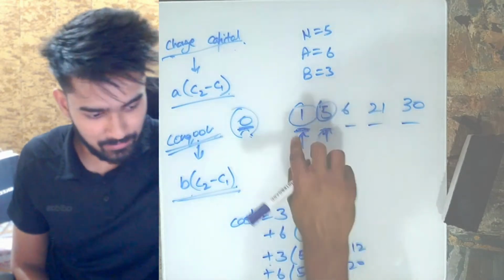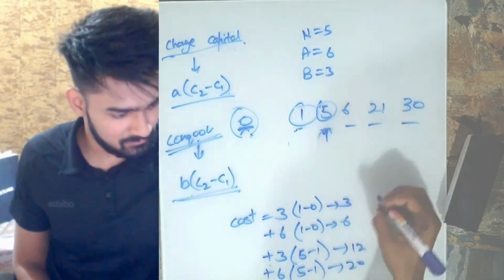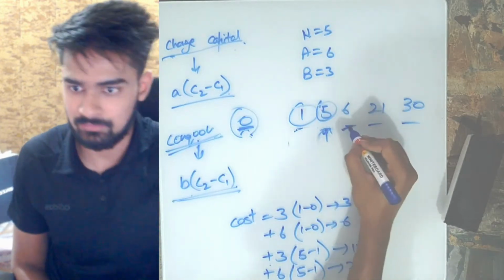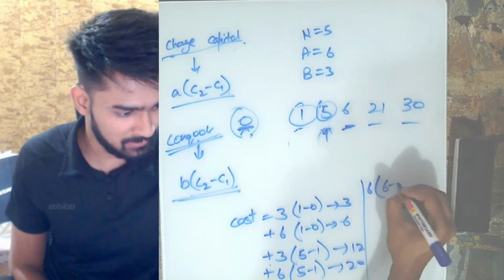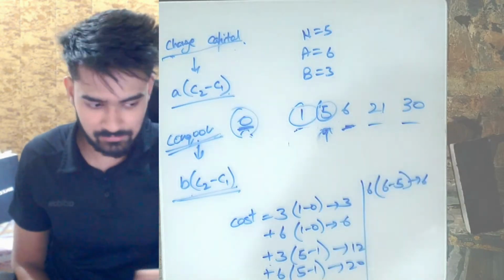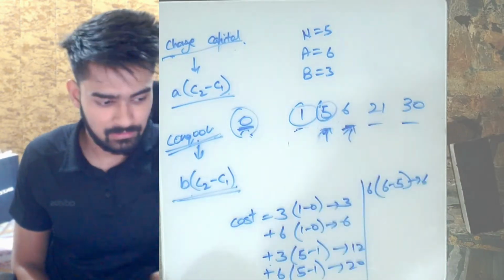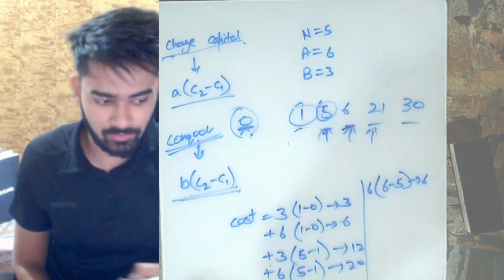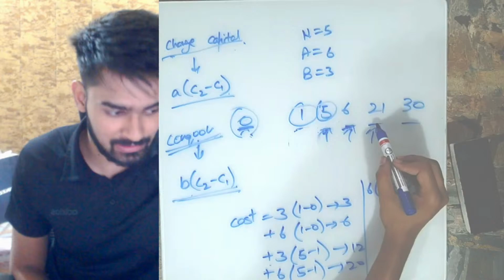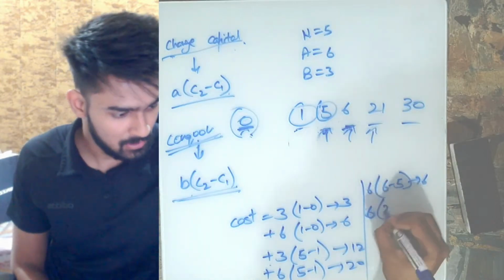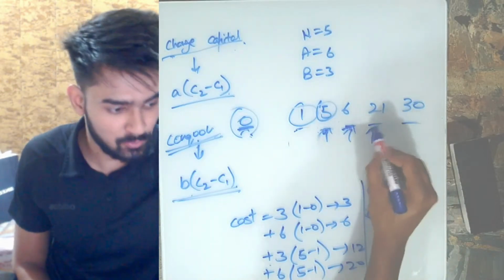Now this is our capital, and let's say in the next turn we conquer this one. In order to conquer, the cost will be 6 times 6 minus 5, which is 6. Now this is conquered. In order to conquer the next one, let's say instead of changing the capital now, we conquer the next one. So it is 6 times 21 minus 5, because my C2 is 21.